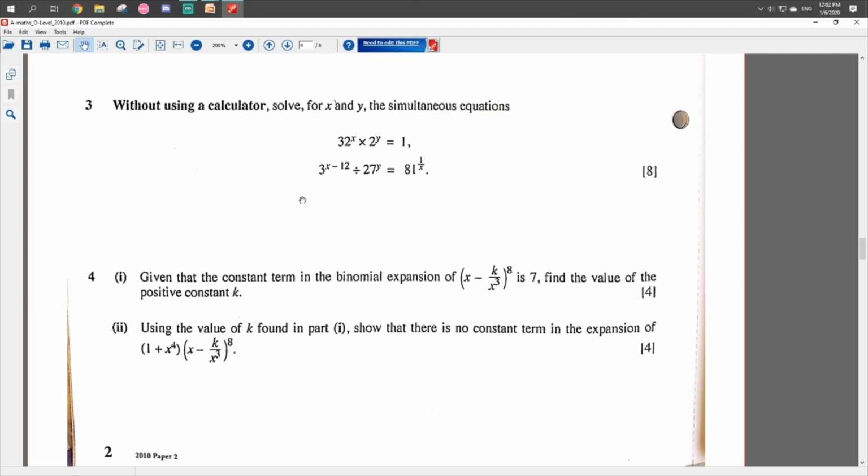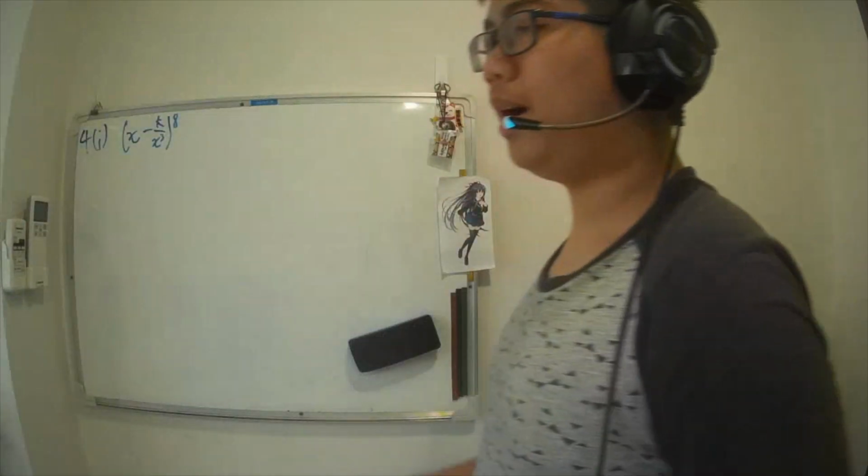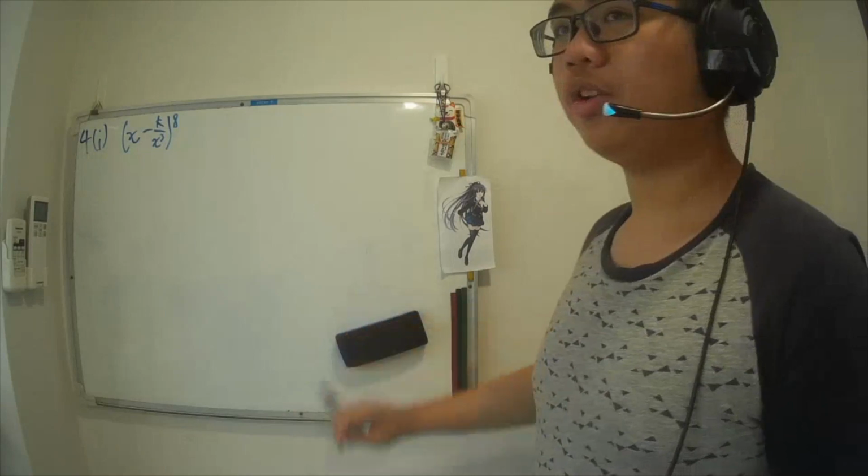In a minute, we're going to look at question 4. Given that the constant term in the binomial expansion of x minus k over x cubed raised to the 8th power is 7, find the value of the positive constant k. Okay, so binomial theorem. So we want to find the constant term.